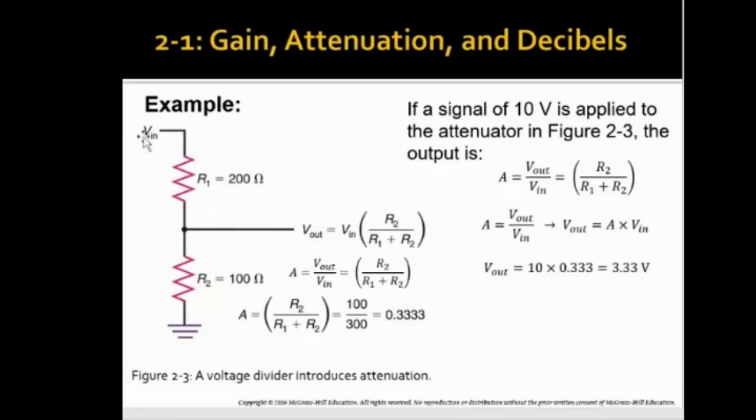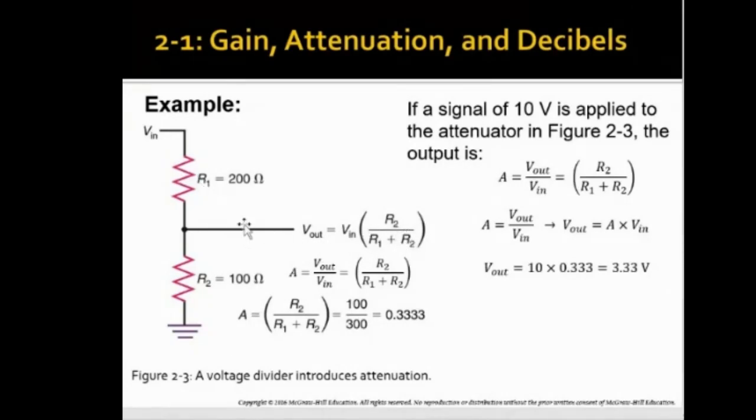We know when a voltage is applied in this circuit, some voltage will be dropped on resistor number 1, and then your output voltage is smaller than the input voltage. That means your voltage has been attenuated, or lost, in the system. So how do we calculate this?